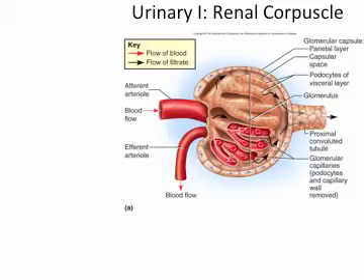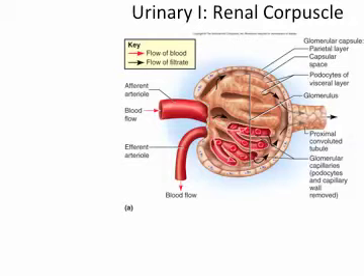Upstream of the afferent arteriole are a number of different blood vessels that we talked about in a previous podcast. Ultimately, the blood comes into the kidney via the renal artery, and then it branches until it gets to the afferent arteriole, which then brings blood into the renal corpuscle, and that blood then gets filtered.